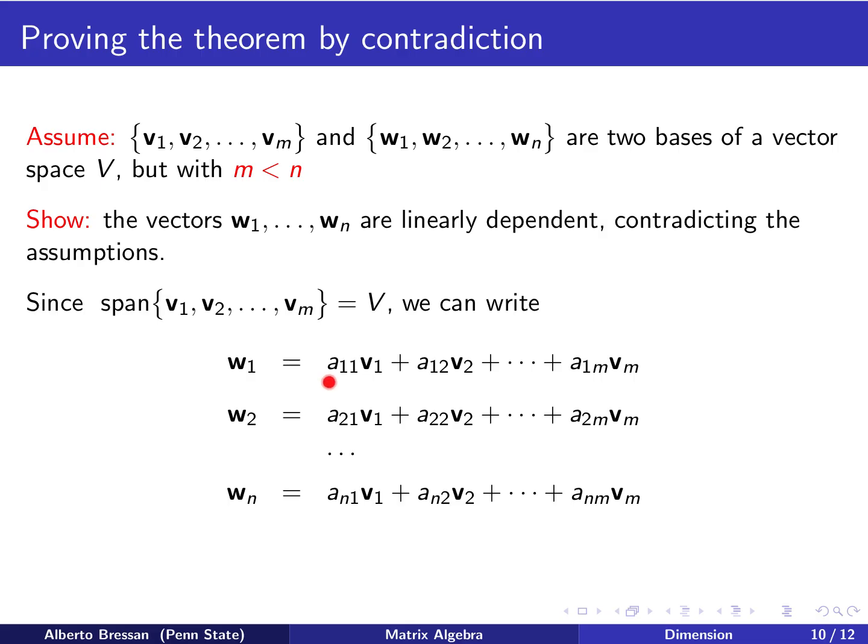So let's write them. Let's say the coefficients are a11, a12, and so on for W1. And for W2, let's call them a21, a22, and so on and so forth, and the last one, Wn, will be an1, an2, anm. Okay?